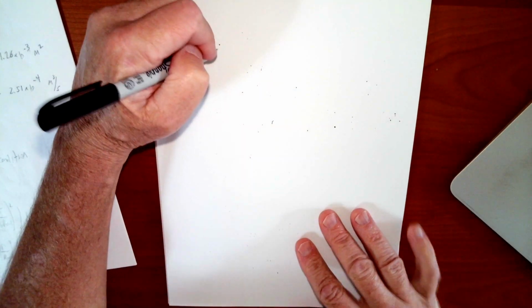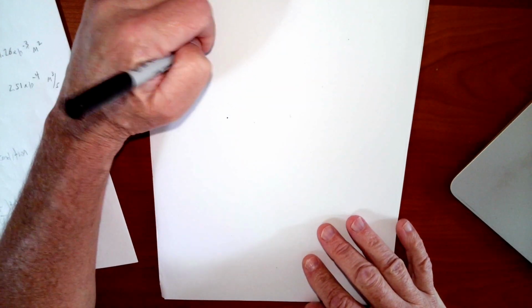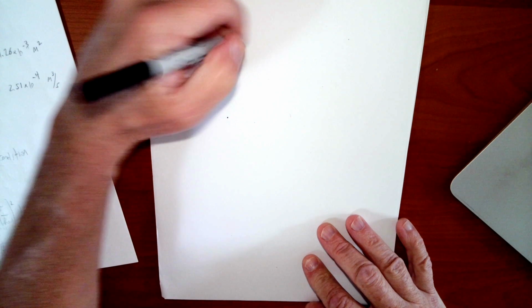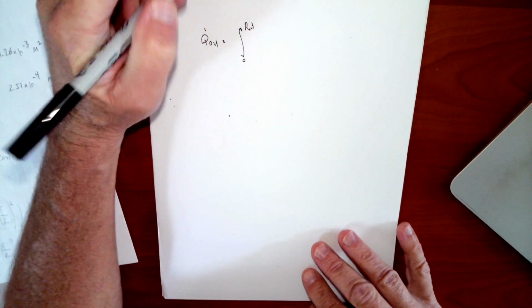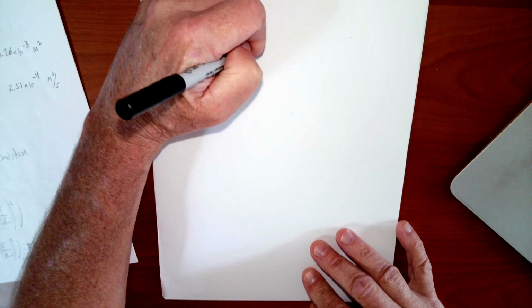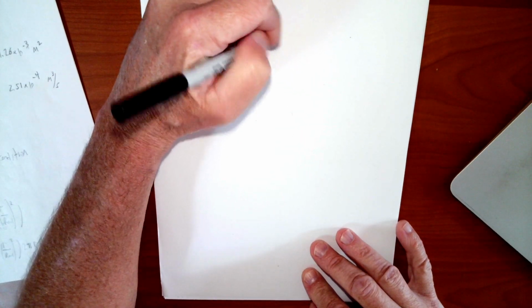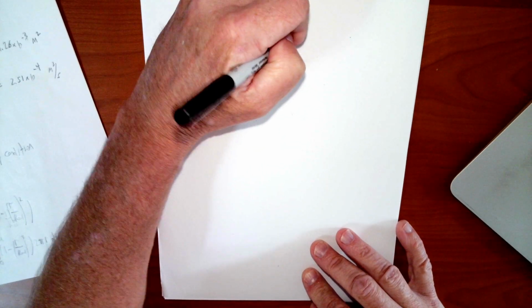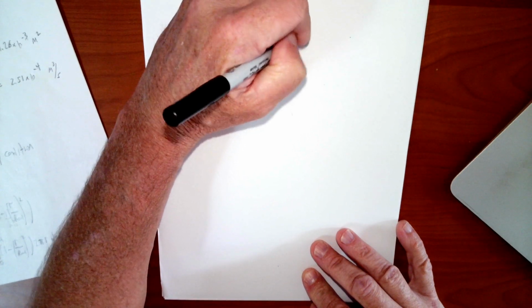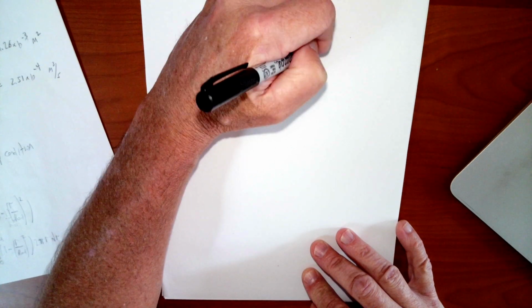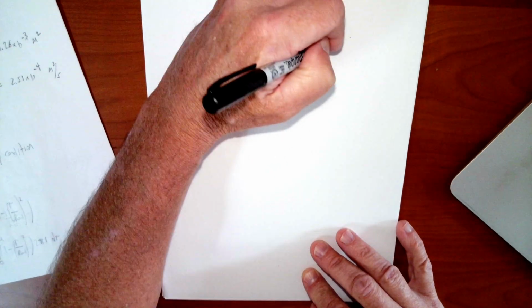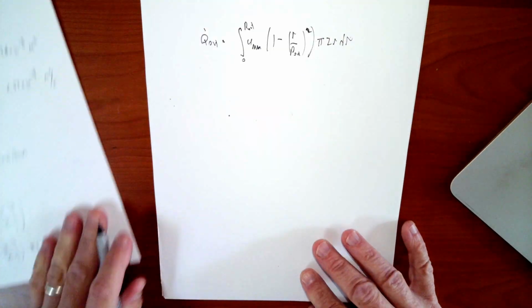So we have Q dot outlet equal to the integral from 0 to the radius of the outlet of U max times 1 minus R over R out, all squared, times 2 pi r dr.